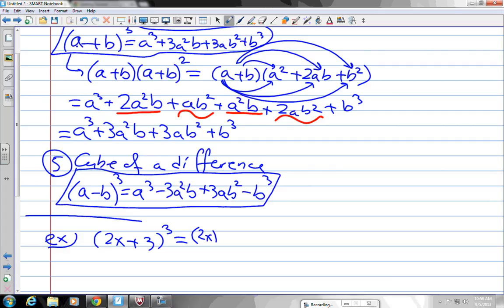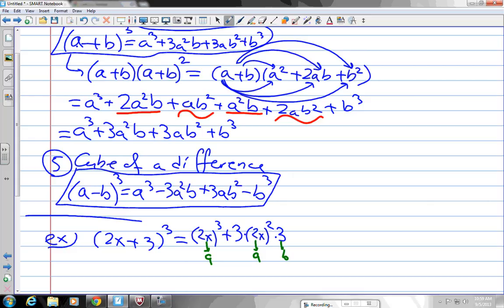I'm going to write 2x cubed plus 3 times a squared. So that's 2x squared, times b. B is 3, so times 3. Again, 2x is our a, 2x is our a, and this 3 is our b. And the first 3 is just part of the formula. It's always there.